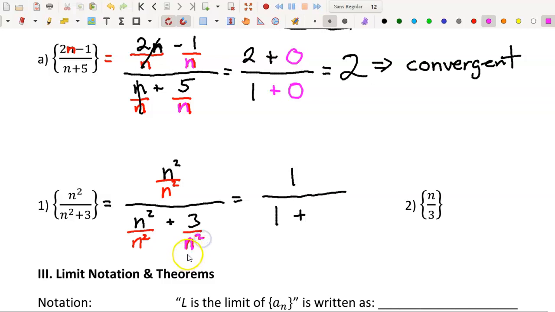And it doesn't matter that this is an n squared on the bottom, it just gets to 0 even faster than if it's just regular n.